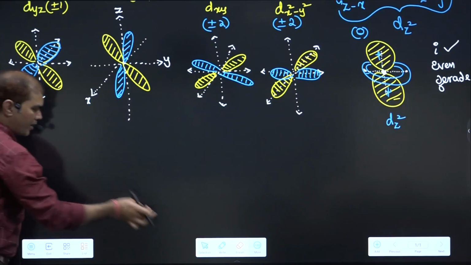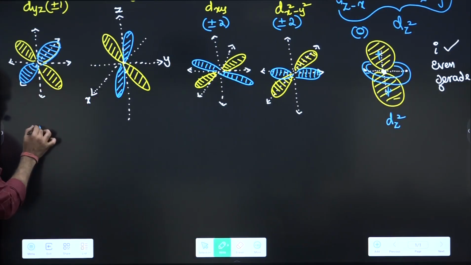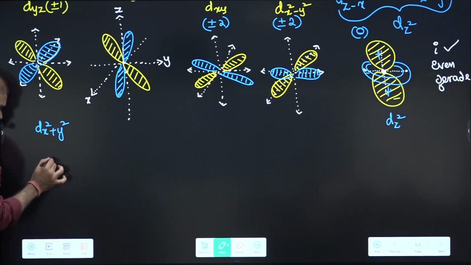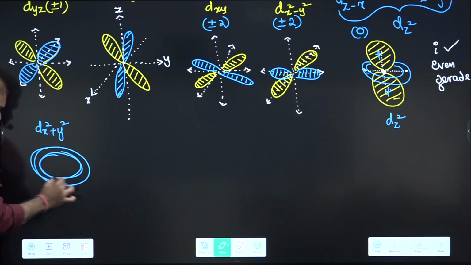I will be just drawing dx square plus y square. This is dx square plus y square. Everywhere it is like plus only.